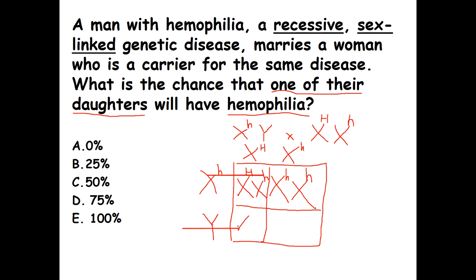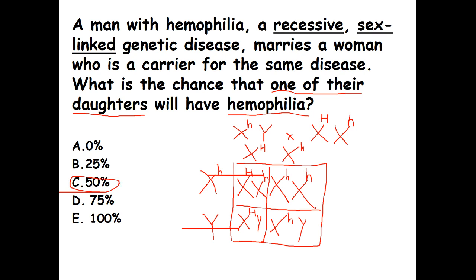This will be a son that is normal, right? And this is the son that is not normal. So you see, out of the 2 daughters, one of the two gets it. So you're right, the answer is C.